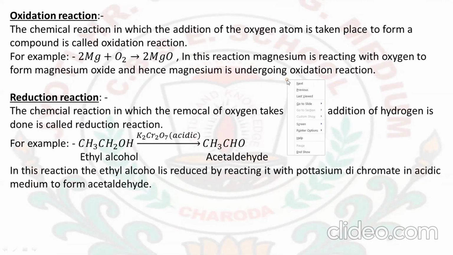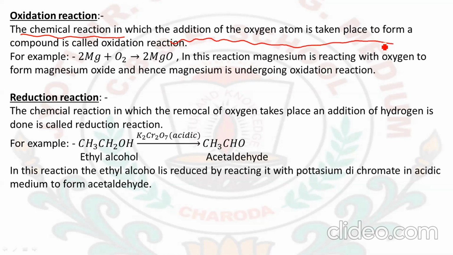The next type of reaction is the oxidation or reduction reaction. So first, what is an oxidation reaction? Oxidation reaction is the chemical reaction in which the addition of oxygen takes place to form a compound, and this type of reaction is known as oxidation reaction.